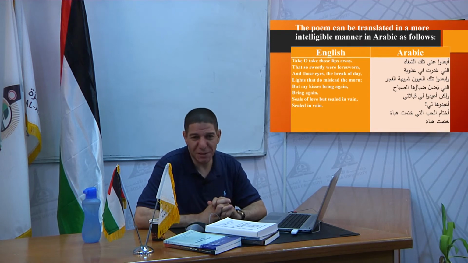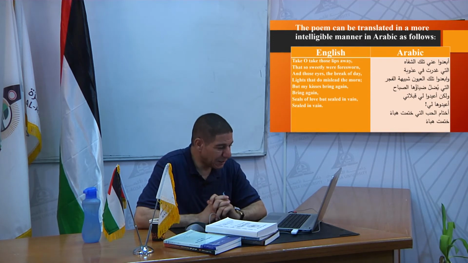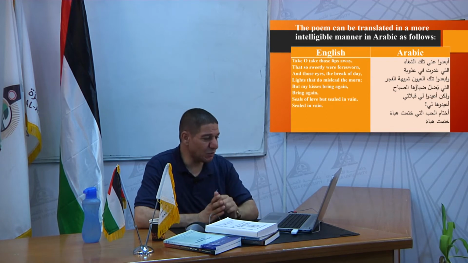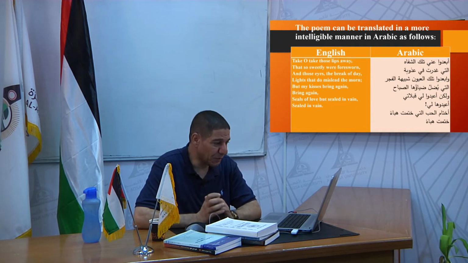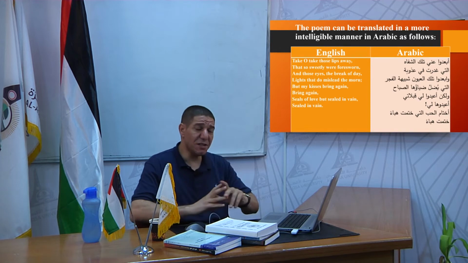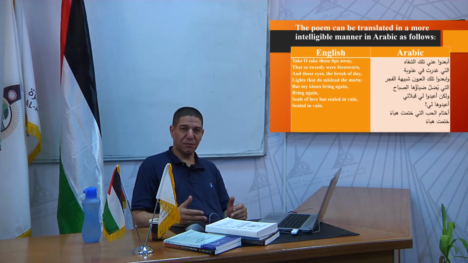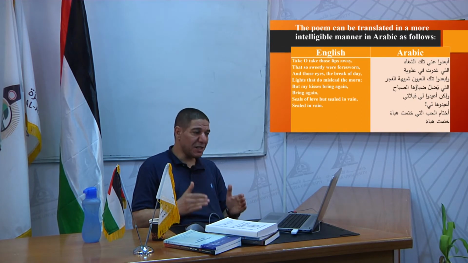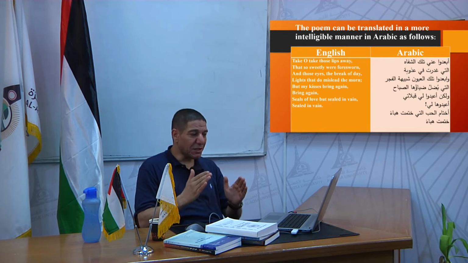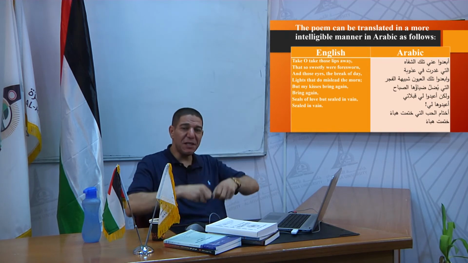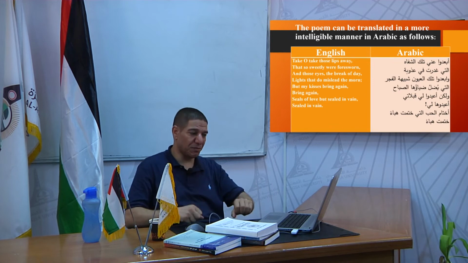And instead of عبث here, and this is the translation of Dr. محمد عناني by the way. أبعدوا عني تلك الشفاه التي غدرت في عذوبة وأبعدوا تلك العيون شبيهة الفجر التي يضل ضياؤها الصباح ولكن أعيدوا لي قبلاتي أعيدوها لي. There is a poem here. You can see that there is something, you can get a meaning out of it. You can get a message.